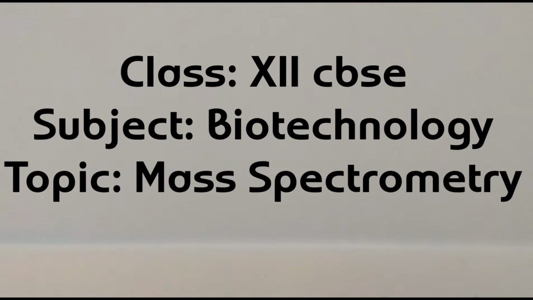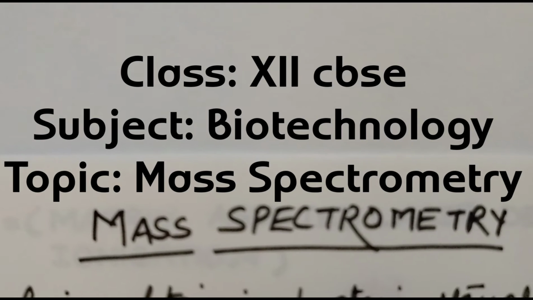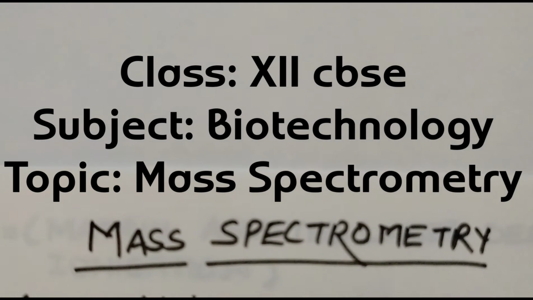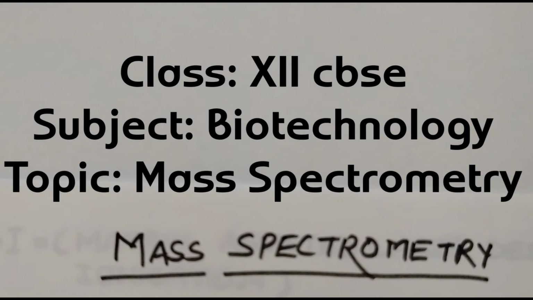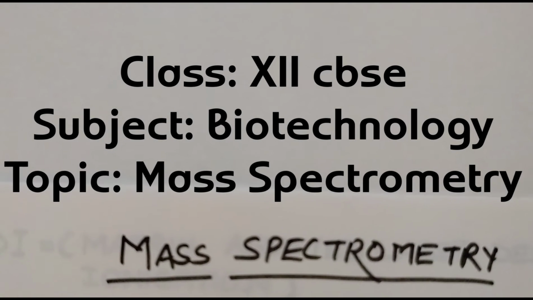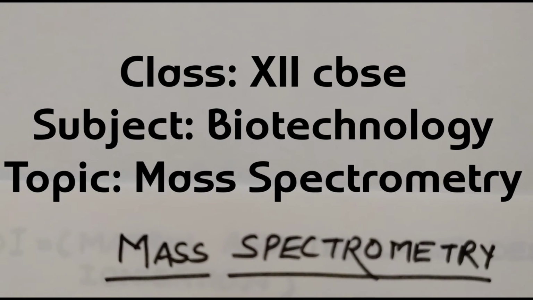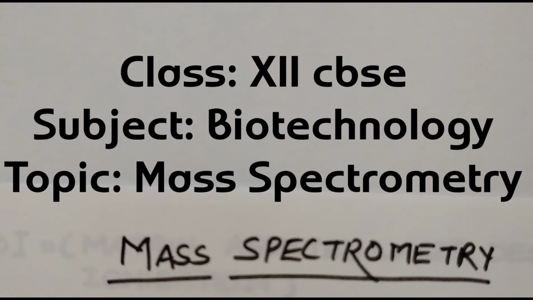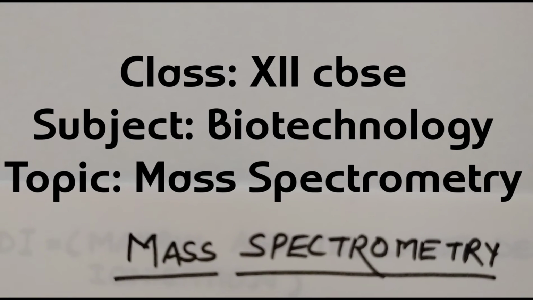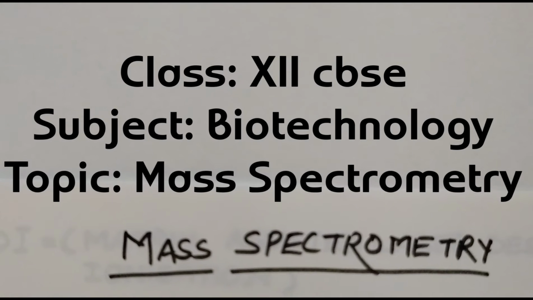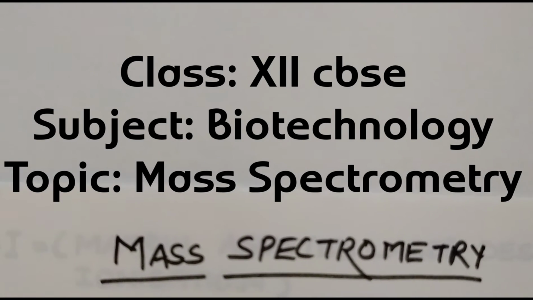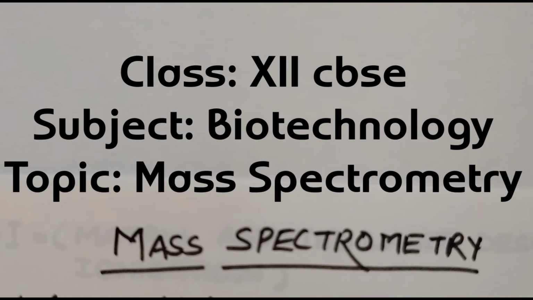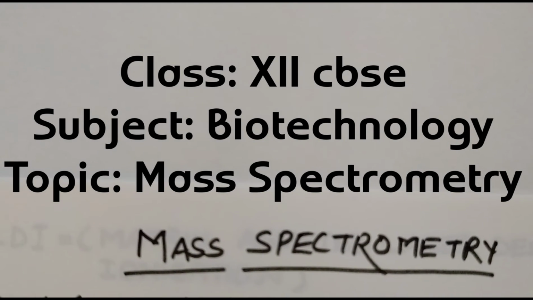Hello children, today we are going to study a very important technique in biotechnology, that is mass spectrometry. Many techniques we have studied till now, like protein fingerprinting, two-dimensional gel electrophoresis, protein sequencing, electrophoresis, etc. But this mass spectrometry is very special and unique.